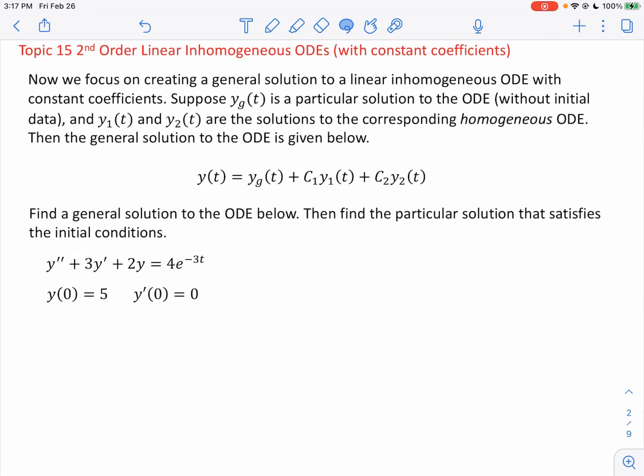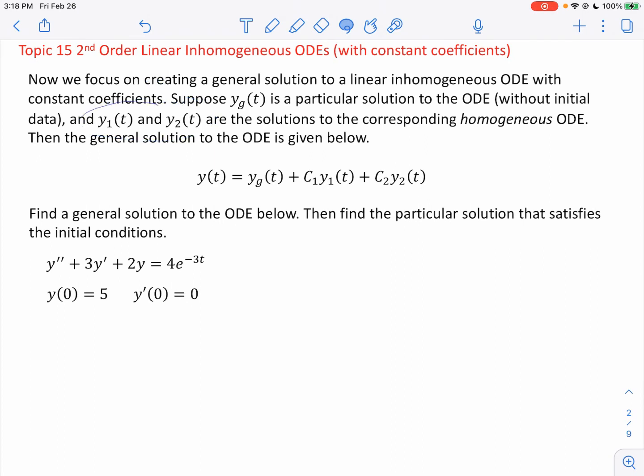Okay, now we focus on creating a general solution to a linear inhomogeneous ODE with constant coefficients so that if we do have initial conditions, we can determine the constants that will satisfy them. So suppose that y sub g is a particular solution to the ODE without initial data, and y sub 1 and y sub 2 are the solutions to the corresponding homogeneous ODE. So we'll go back to the homogeneous ODE, which has y1 and y2 as independent solutions.